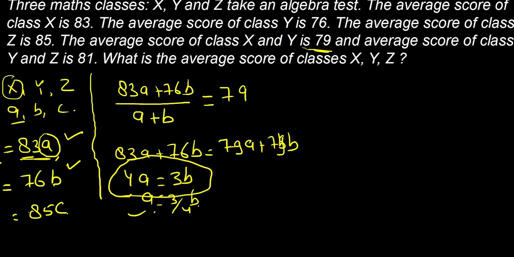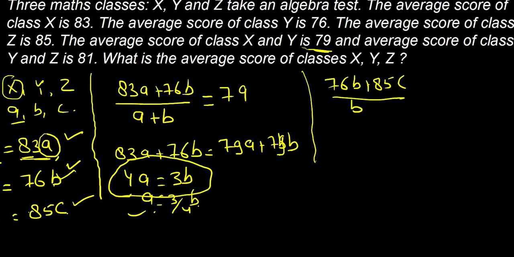Next time what happened? Next time the average of class y and z is 81. So what is the weight of y and z? It is 76b and 85c. So 76b plus 85c divided by b plus c, and average is what? 81.